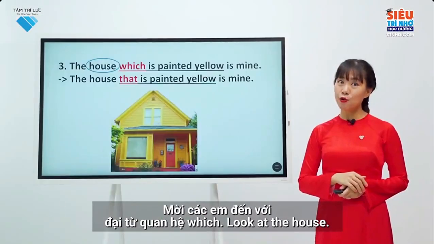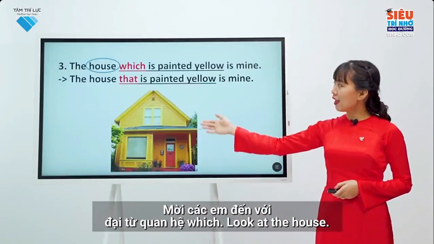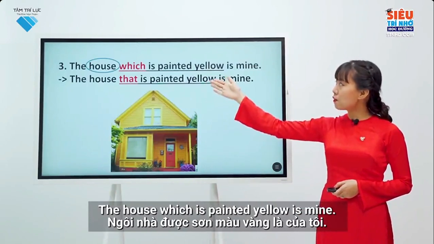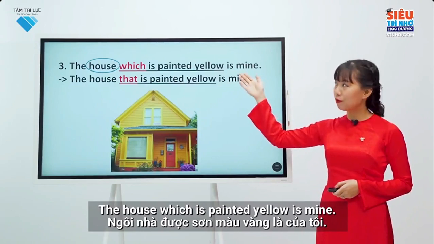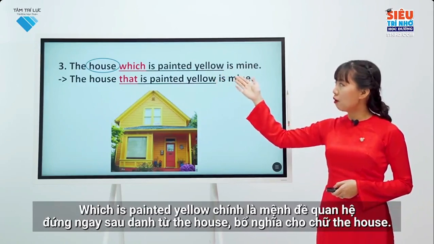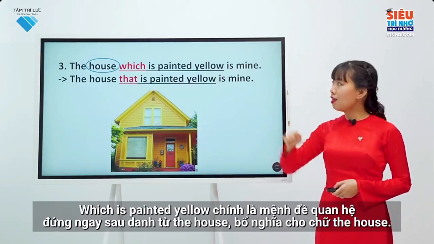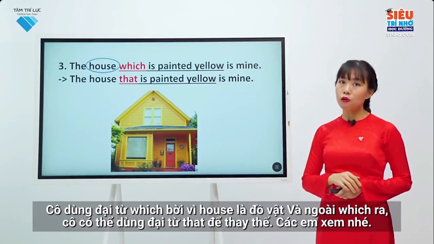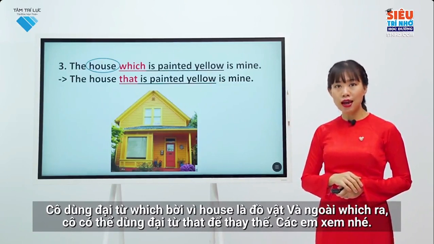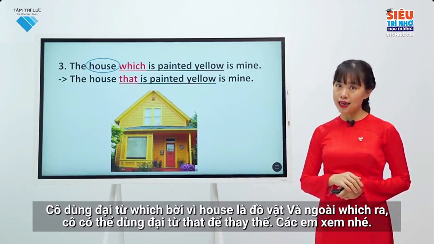Let's come to the relative pronoun which. Look at the house. The house which is painted yellow is mine. Which is painted yellow is the relative clause standing right behind the noun, the house, and supporting the noun, the house. I use the pronoun which because house is an object. Besides which, I can also use the pronoun that to replace it.